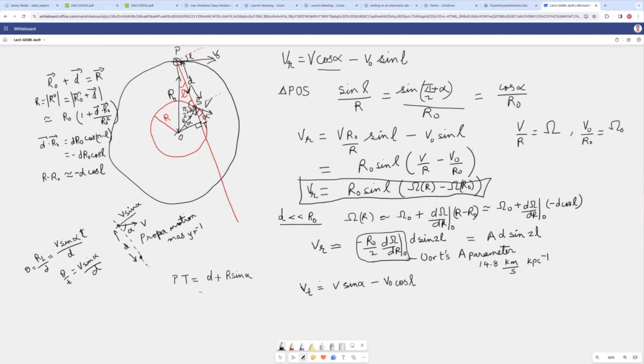But PT is also equal to R naught times, so this triangle POS, POT actually is a right triangle.